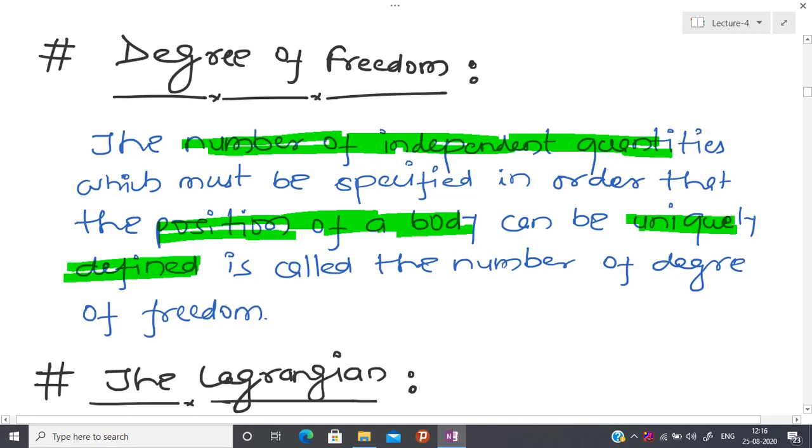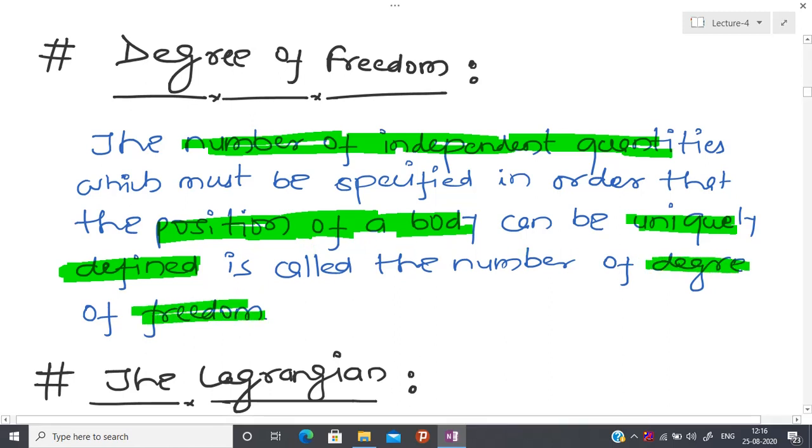I have to select the independent quantities in such a way that I can uniquely define the position of the body, and that particular unique representation is called the degree of freedom.